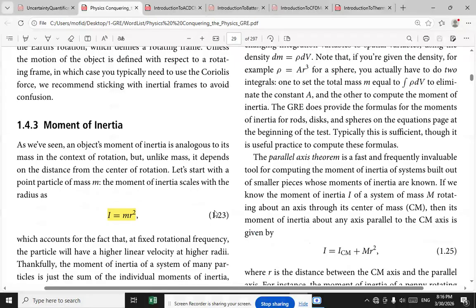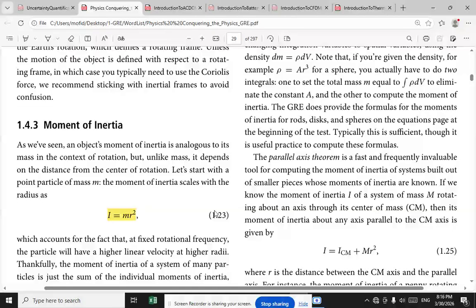Now I want to go to another subsection of the momentum section, which is 1.4.3, moment of inertia. As we have seen, an object's moment of inertia is analogous to its mass in the context of rotation, but unlike mass, it depends on the distance from the center of rotation. Let's start with a point particle of mass m.